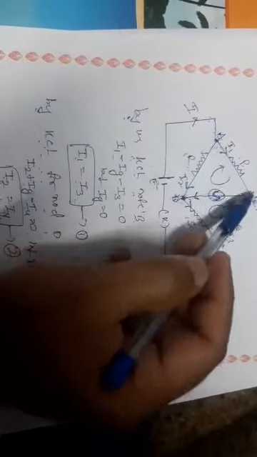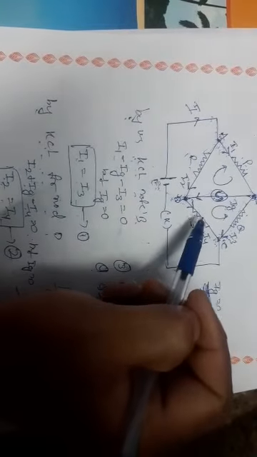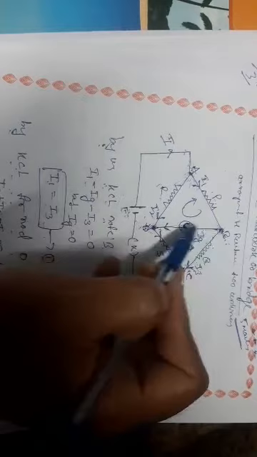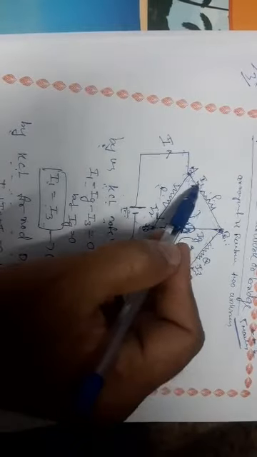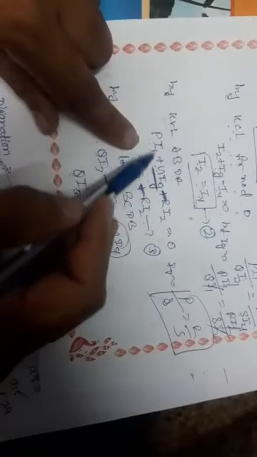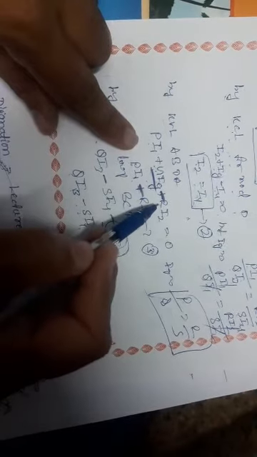Then similarly, by using the voltage law. See in this diagram, ABDA is one loop, BCDB is one more loop. By using Kirchhoff's voltage law for loop ABDA, the equation is I1P plus IgG minus I2R.